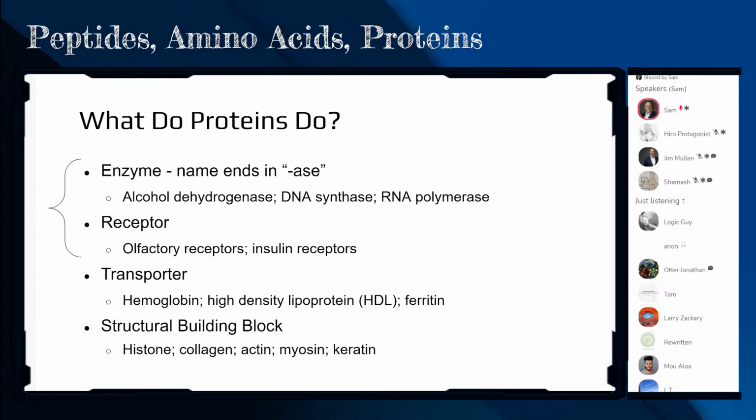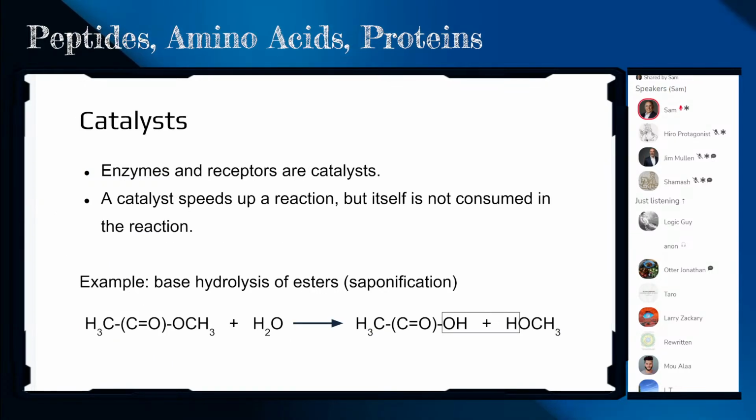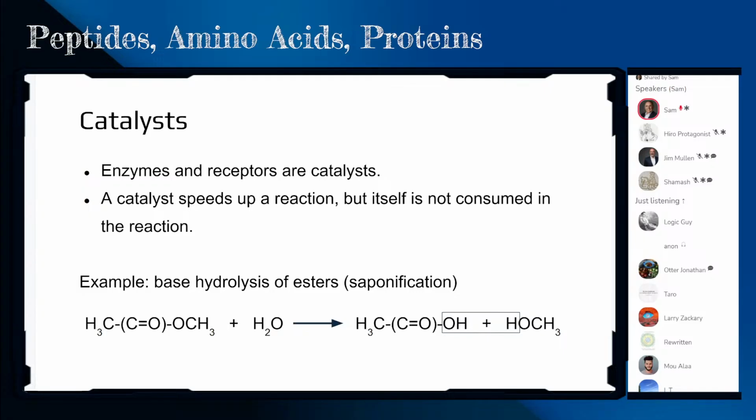As you can see, the water molecule on the right-hand side is in a rectangle, showing you that one hydrogen of the H2O went with the OCH3 to make HOCH3, which is methanol, and the OH of the water went with the H3C C double bond O to make acetic acid. So this is a hydrolysis.